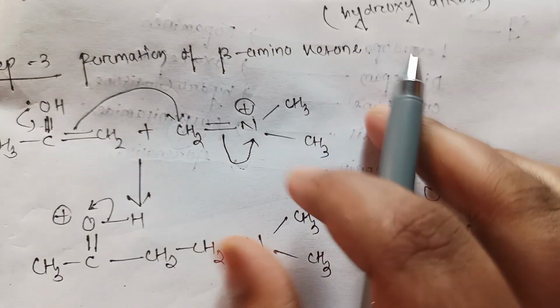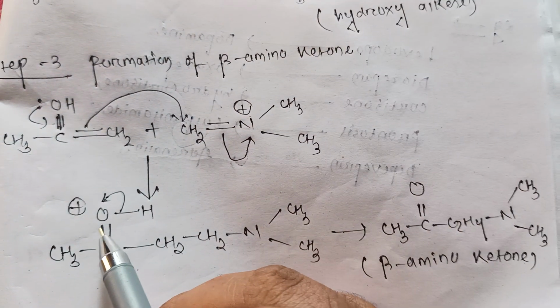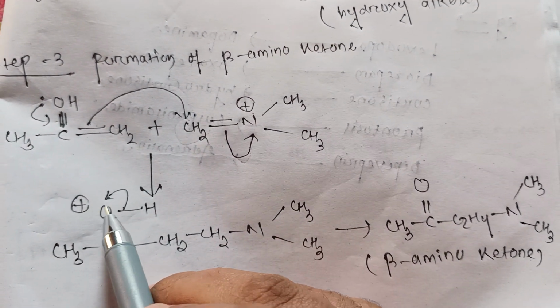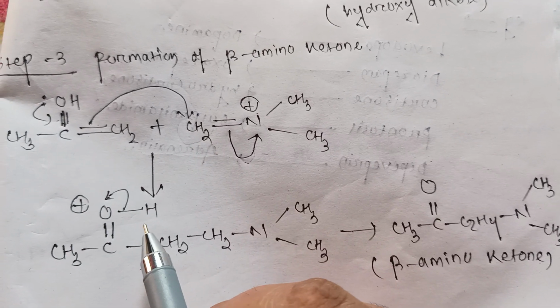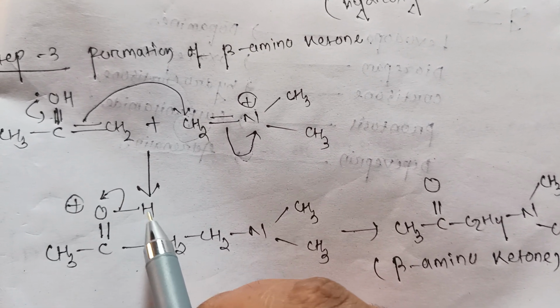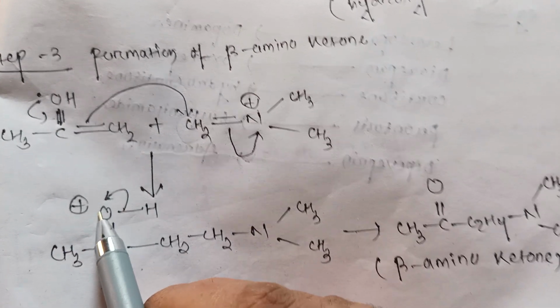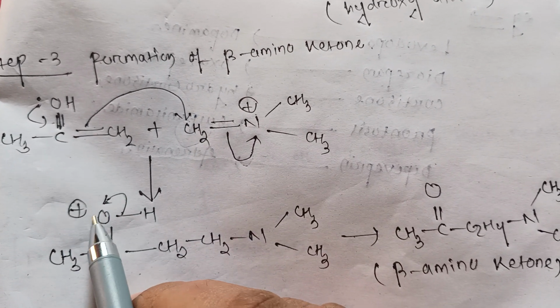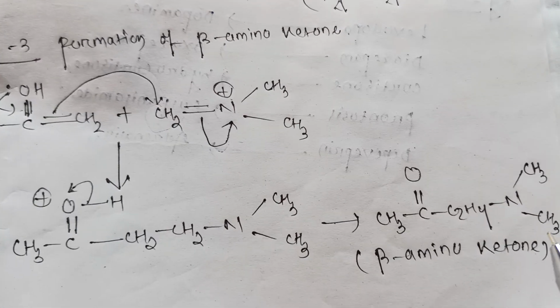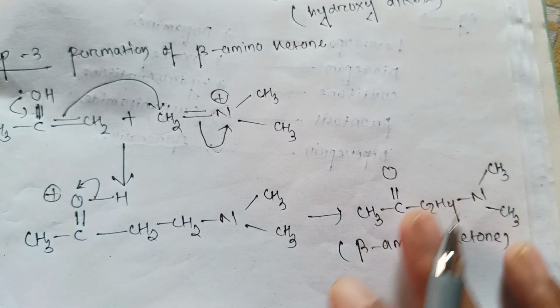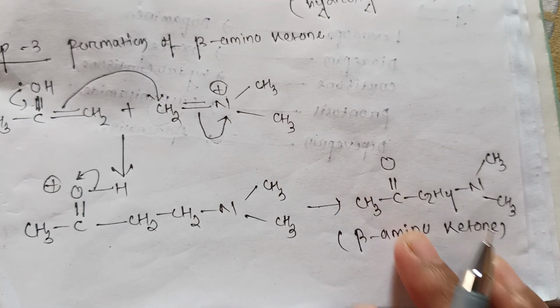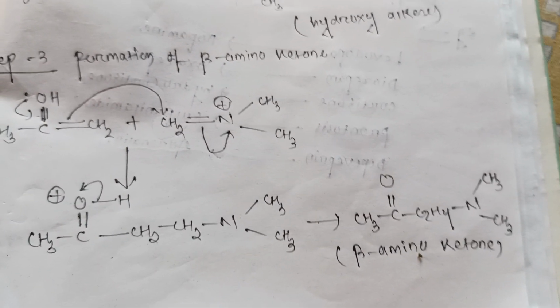Now they form the double bond, and oxygen is electron deficient because hydrogen is attached. Now hydrogen will give its electron to oxygen, and oxygen gets its electron, and the formation of beta amino ketone takes place. So this is all about the step mechanism of the formation of beta amino ketone, the Mannich reaction.